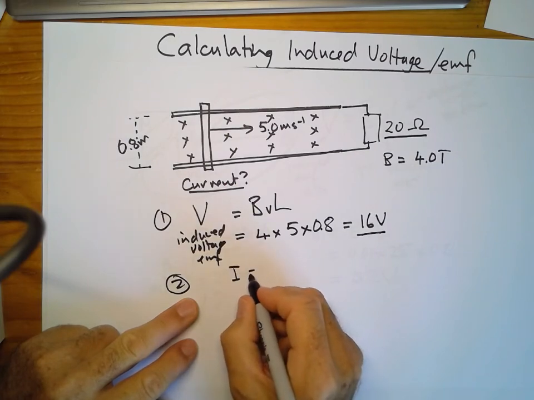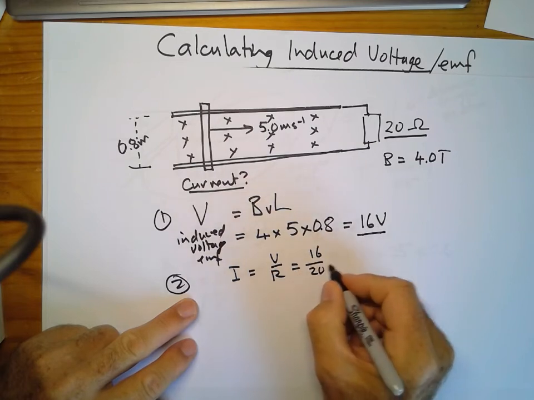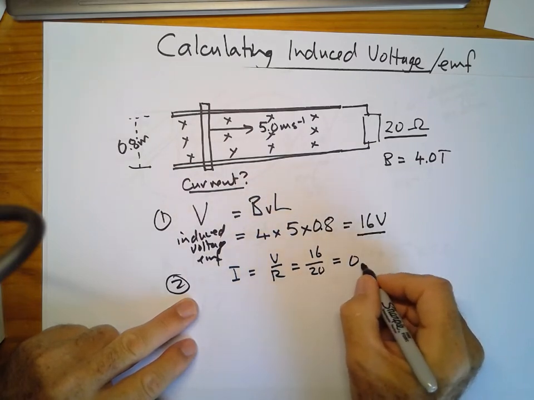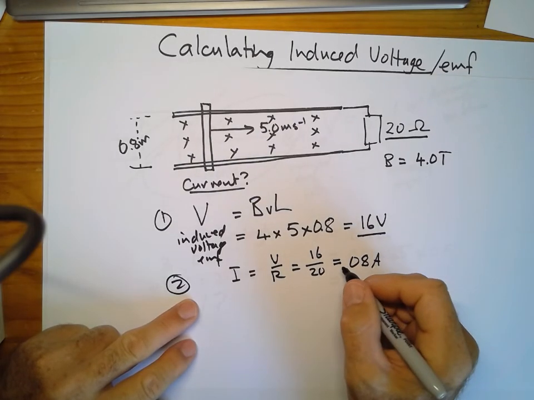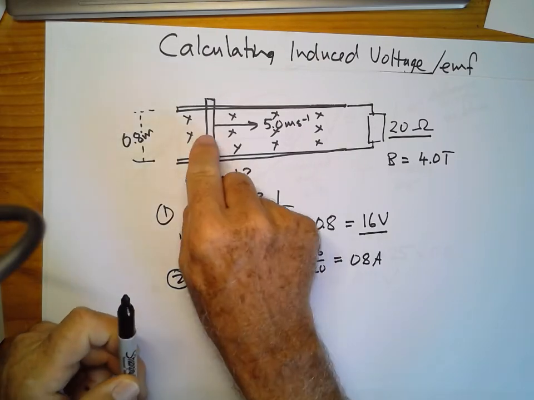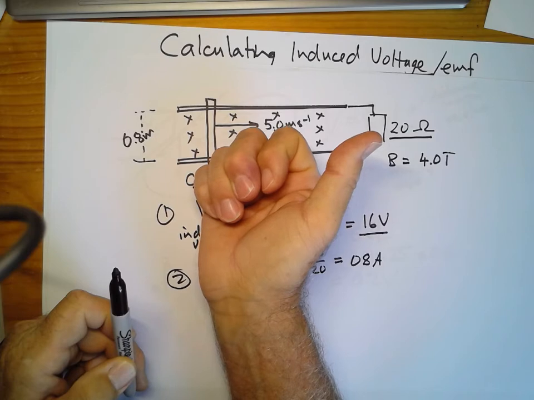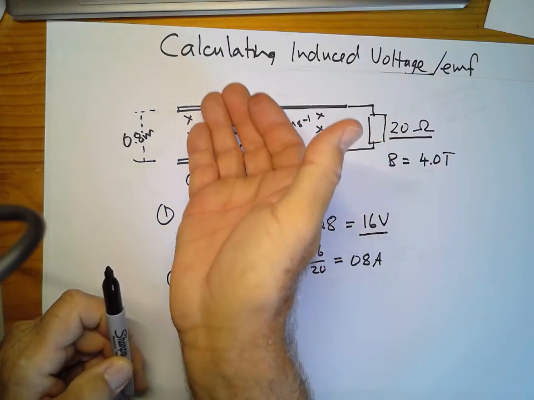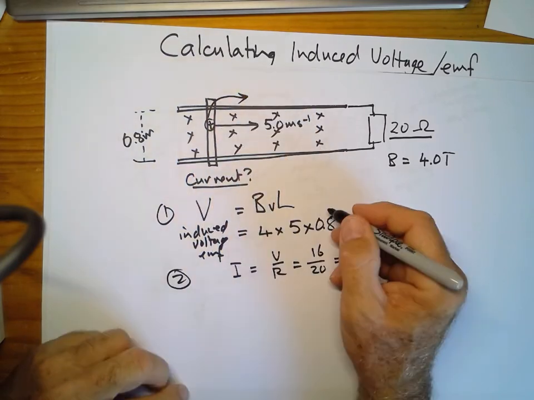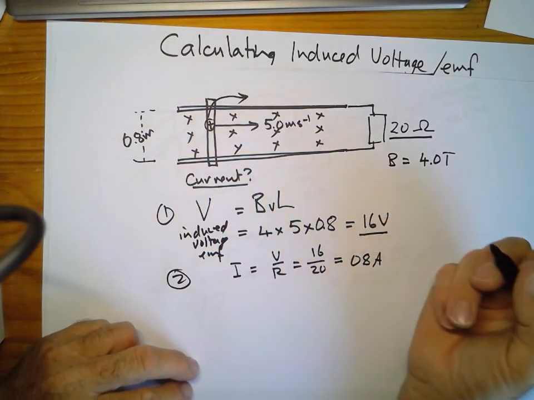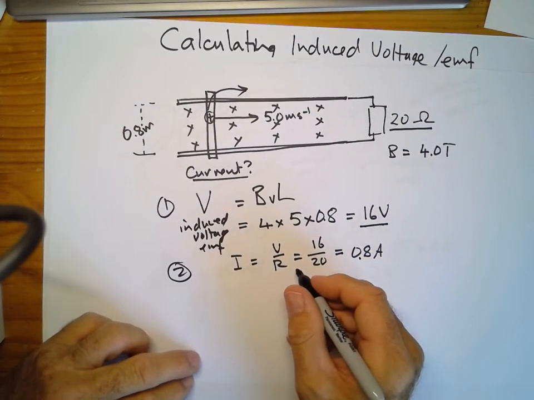Current is equal to V over R equals 16 divided by 20 equals 0.8 amp. And what direction is it? We move positive charges in this direction. That's equivalent to current this way, the magnetic field into the board. The positive particles then are moving in this direction. So the direction of the current, 0.8 amp.